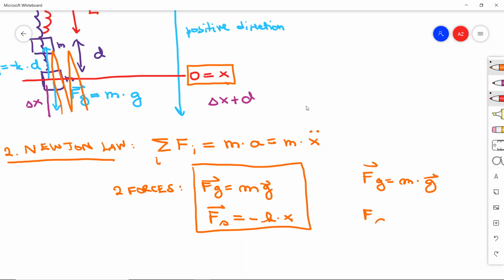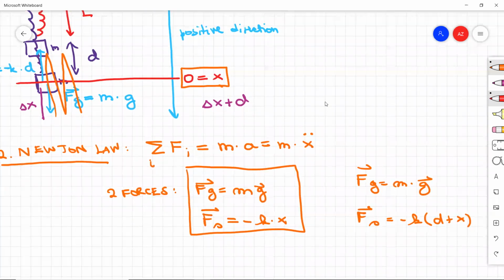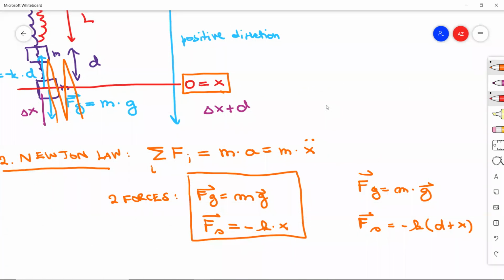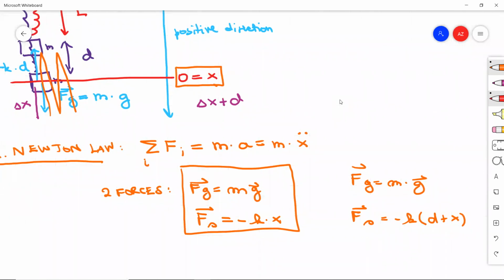And then F spring is minus k, and then as you suggested, d plus x. So this is the second case.